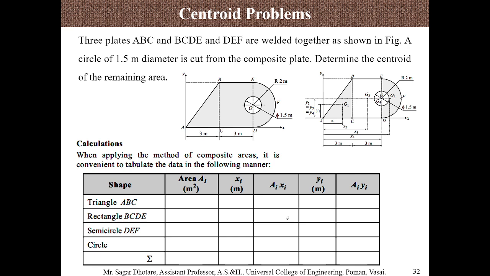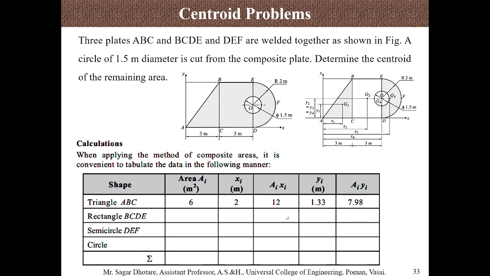Now for the triangle, we know the area is 1/2 L into B, that is 1/2 into 3 into 4. As the radius is 2, the diameter will be 4, so the height will be 4 for the triangle. Based on this you can get the values for the triangle.